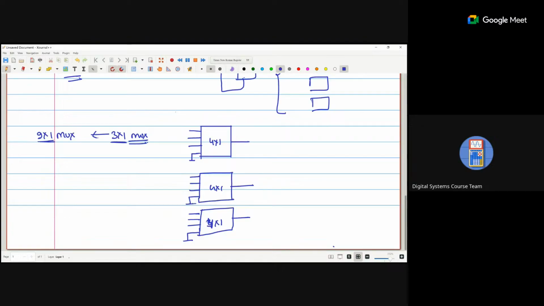Now we require again a 4 cross 1 mux, convert it to a 3 cross 1, and use that one for the output multiplexer.